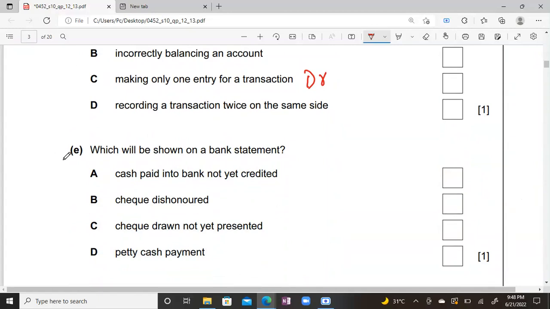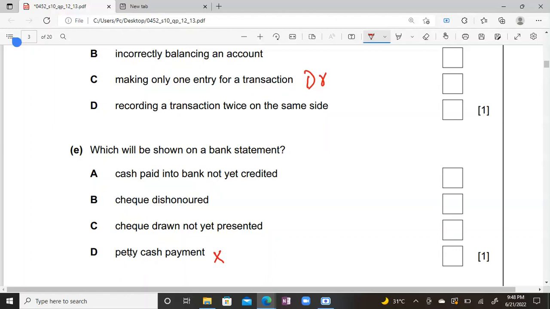In E, which will be shown on a bank statement? Cash paid into the bank, not yet credited, cheque dishonoured, cheques drawn, not yet presented, and petty cash payment. Bank statement is issued by the bank. So the petty cash payment is out because this is a cash payment.